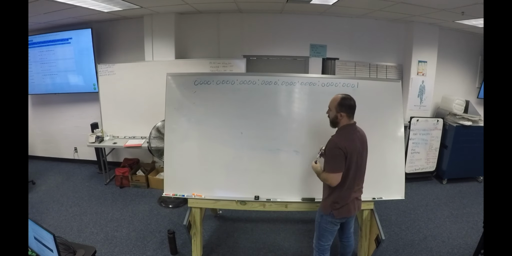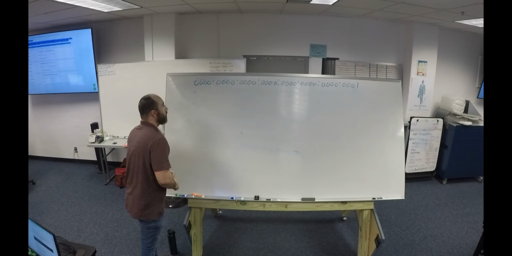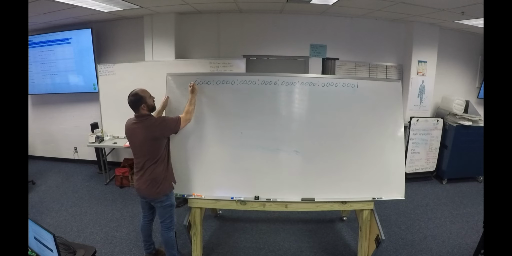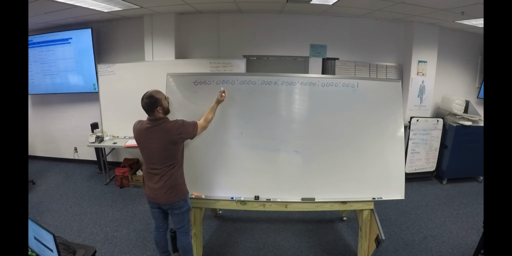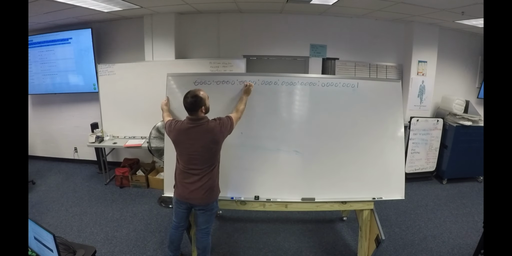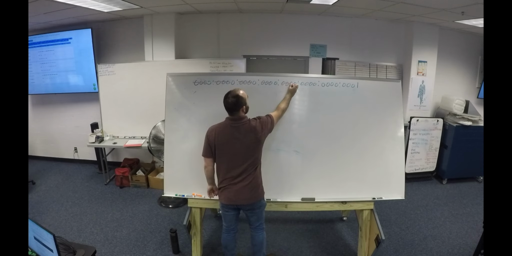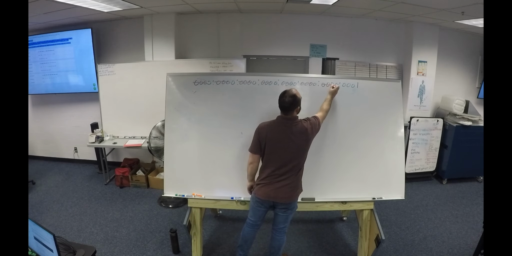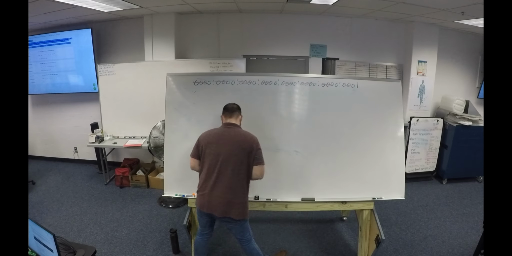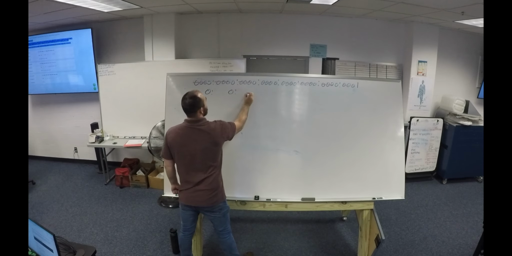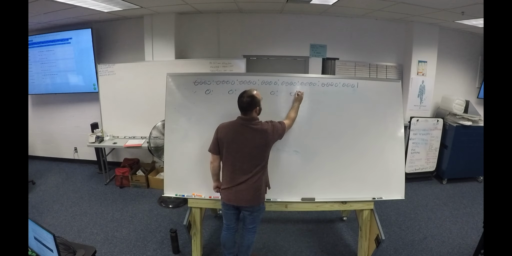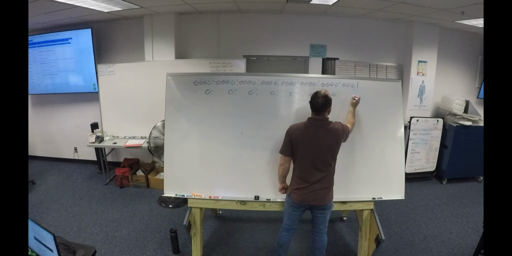This is an address we've talked about already. What am I doing here? First three. Here, here, here, here, here, here. That gives us 0:0:0:0:0:0:0:1.